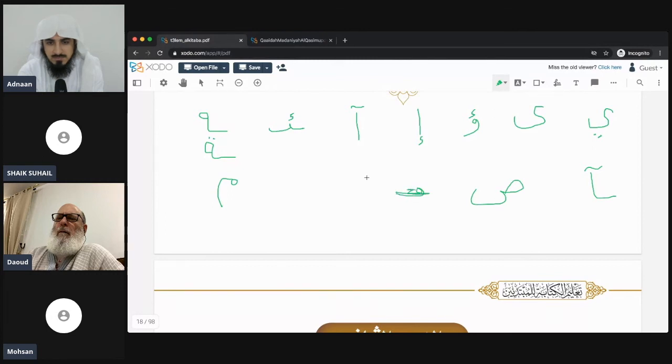Fa, two dots. Oh, sorry. Kaf, two dots. Qaf. So that's kaf. Kaf in English is almost with a K, and this one with a Q. I get them mixed up. Okay.